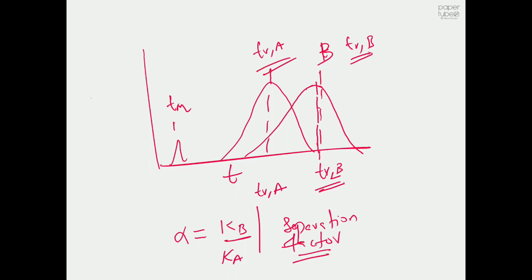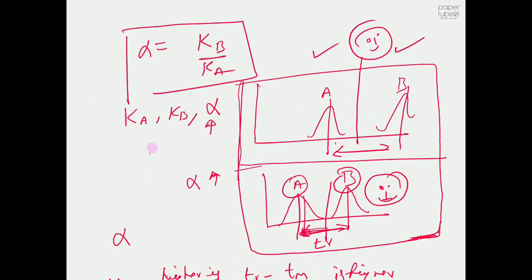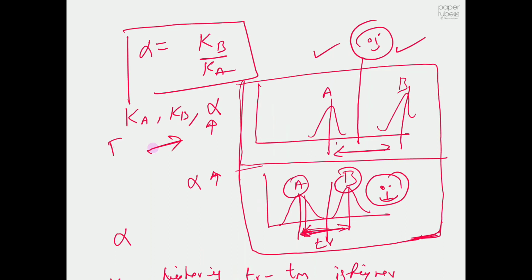So just by looking at these graphs, let's call this figure 3, this figure 1, and this figure 2. From figures 1, 2 and 3, one thing we can understand is that alpha, the separation factor, is a good parameter.